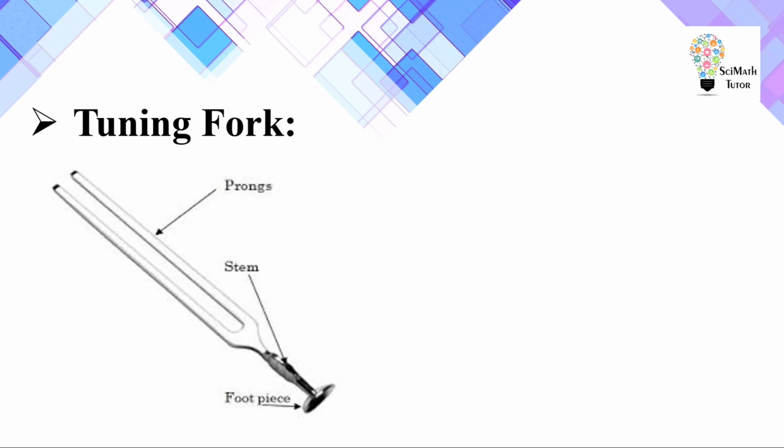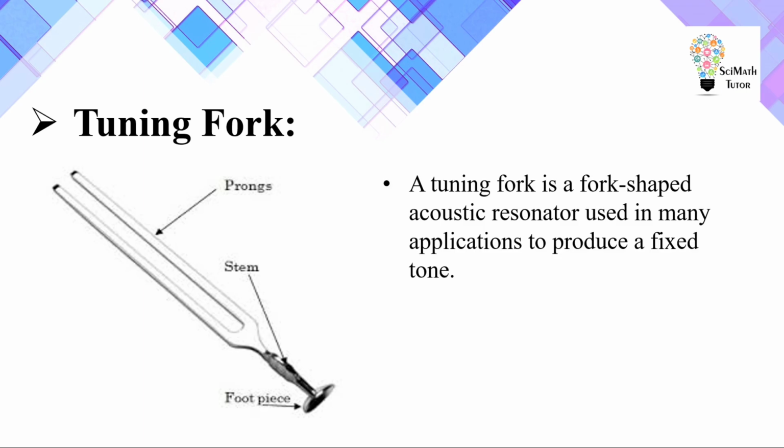Let's get familiar with the tuning fork. A tuning fork serves as a useful illustration of how a vibrating object can produce sound. A tuning fork is a fork-shaped acoustic resonator used in many applications to produce a fixed tone.